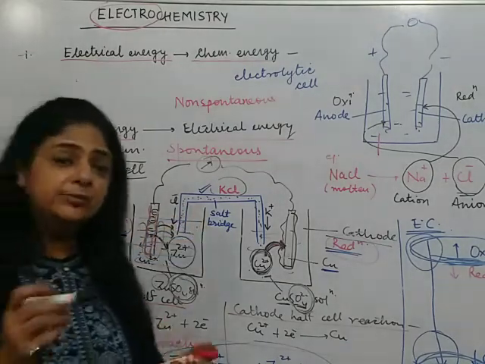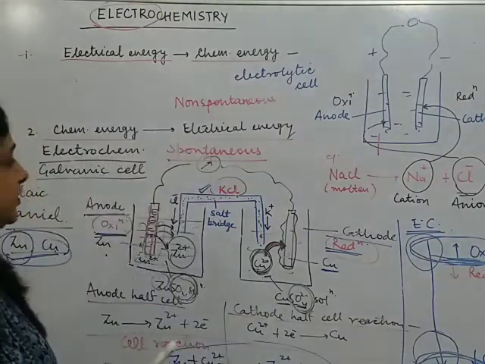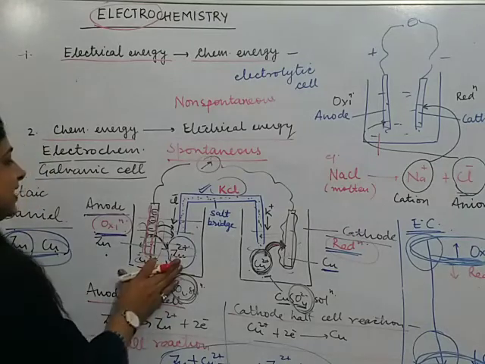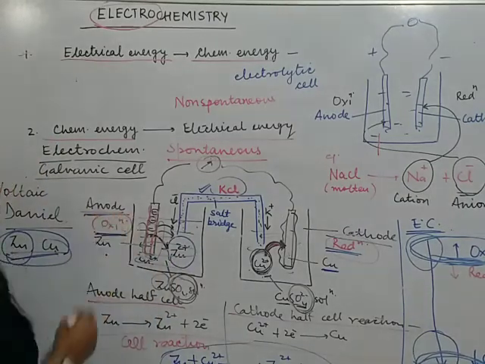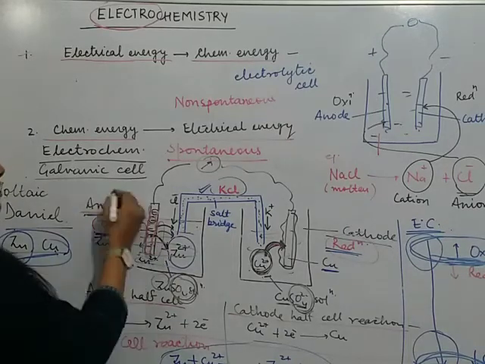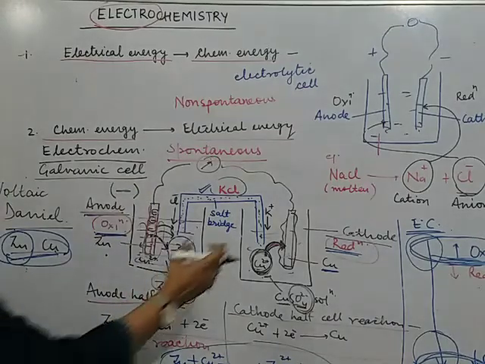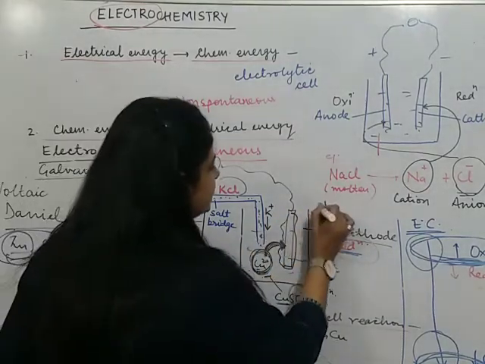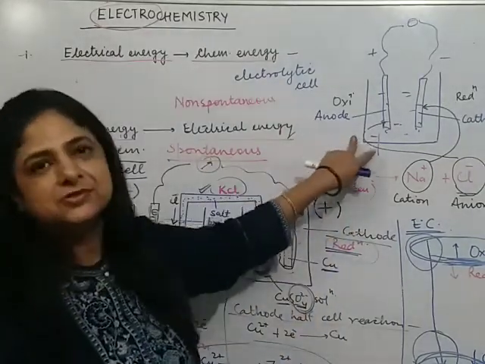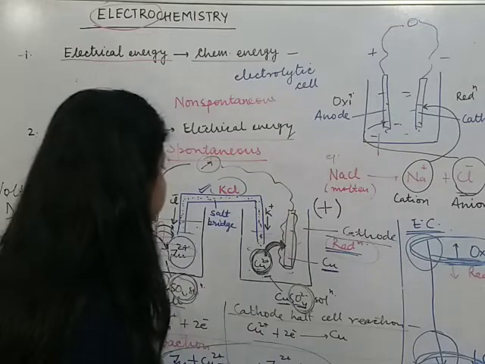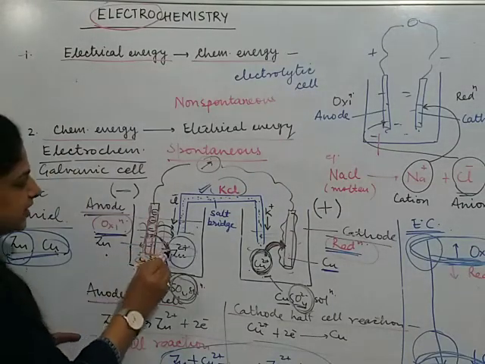Now the very important thing which you need to remember in this case is a very strange thing. We are calling it anode, but you will see in this case the anode is found to be negatively charged, while the cathode in this case is positively charged, which is different from electrolytic cells. Why is it so? We have just discussed that in this case zinc is getting oxidized.